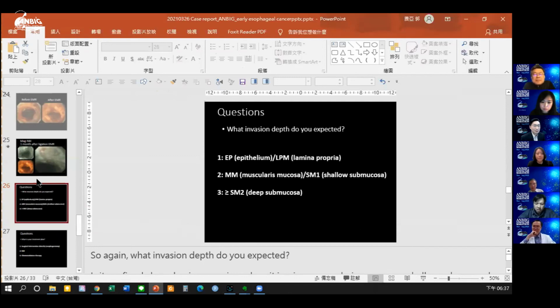In my opinion, if the patient did not receive an esophagectomy but received chemoradiation, during the follow-up, in my experience, it becomes difficult to decide what kind of IPCL it is after chemoradiation.